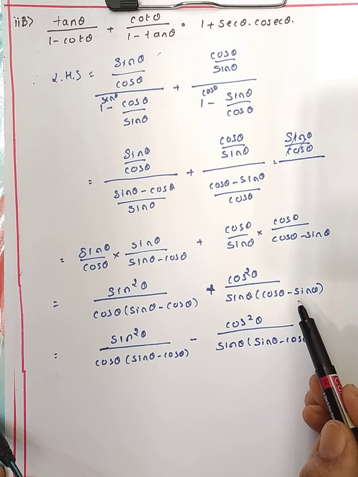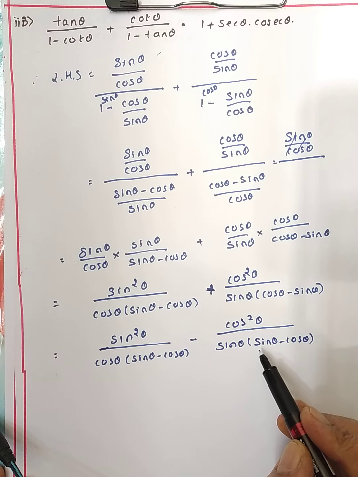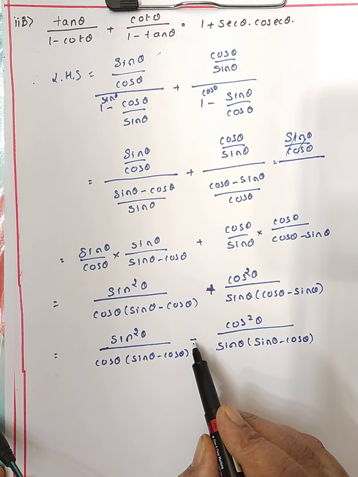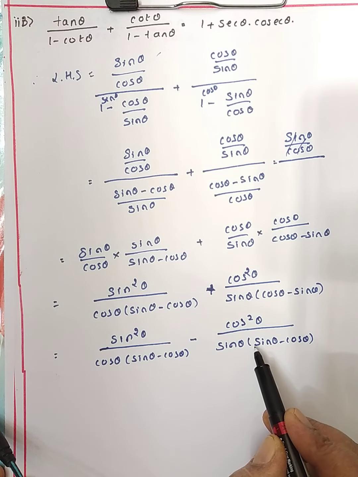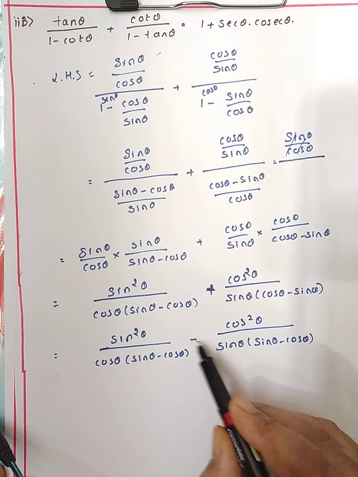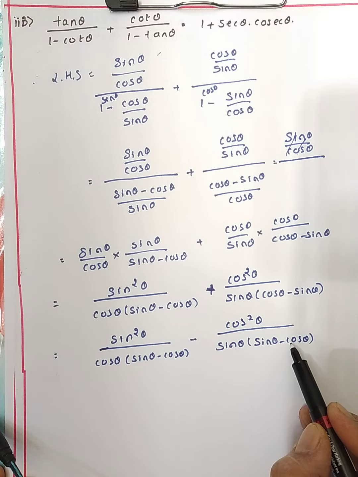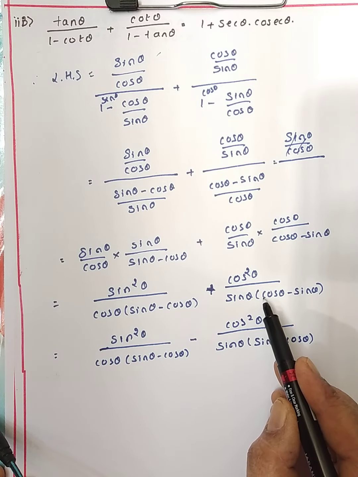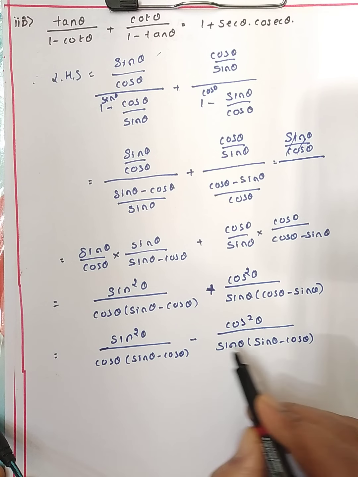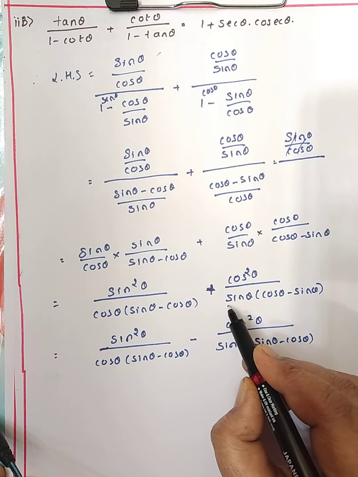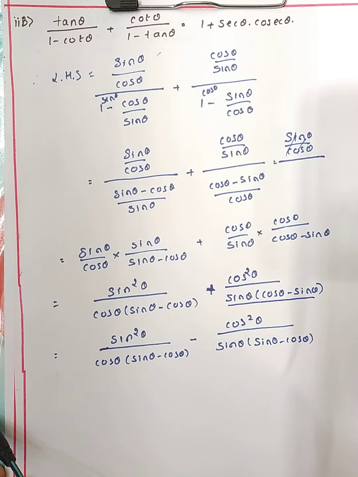Here it becomes plus when we change the sign. Here minus into plus, minus sin theta, and minus into minus, plus cos theta. Here is cos theta. Whenever we rewrite here, the original value should not get changed.